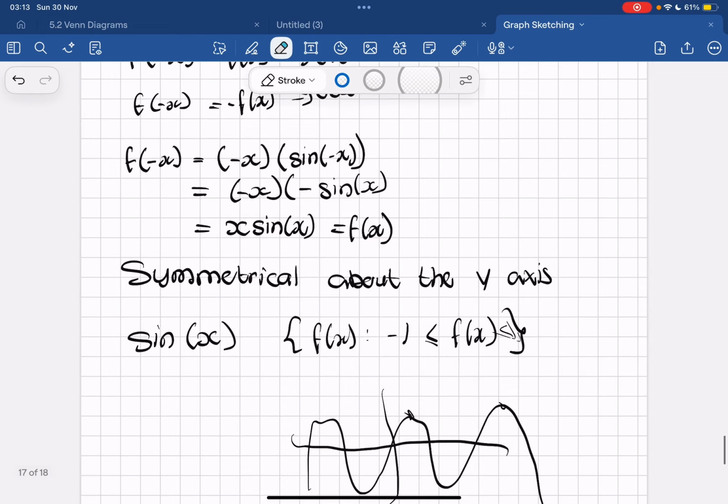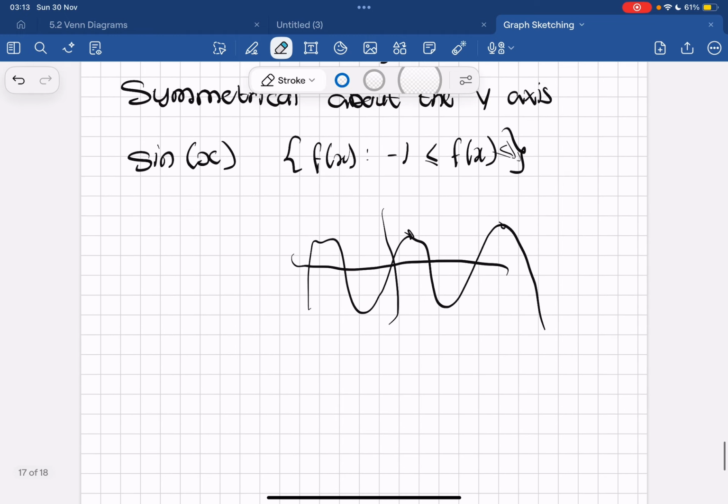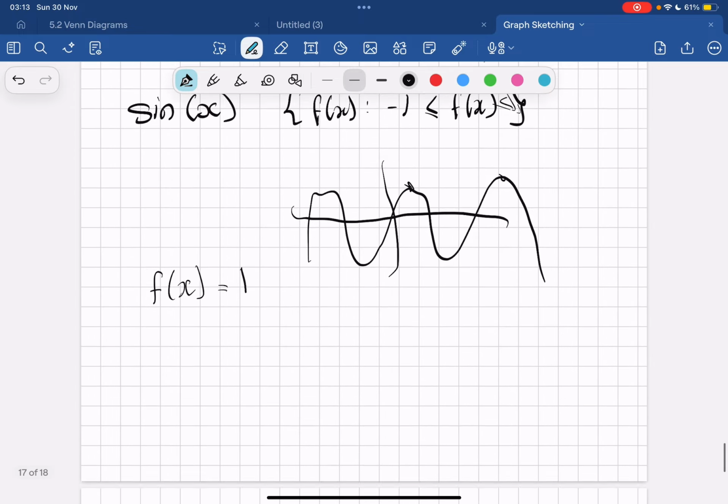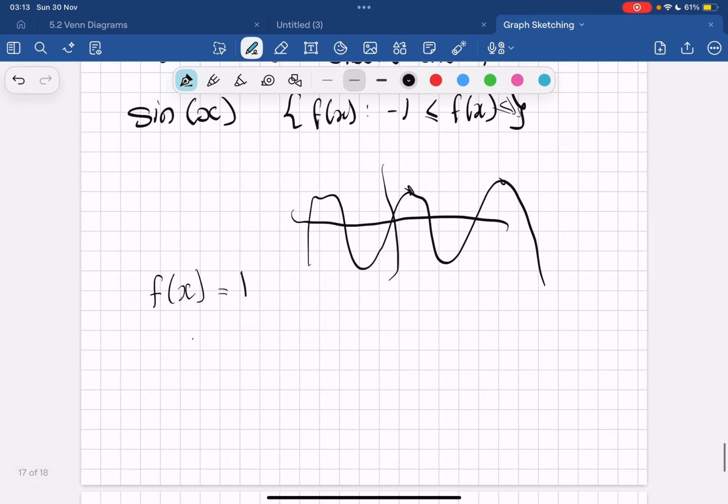So in terms of our bigger function, when f of x equals 1, we've got an input of 90 times sine 90, which equals 90.